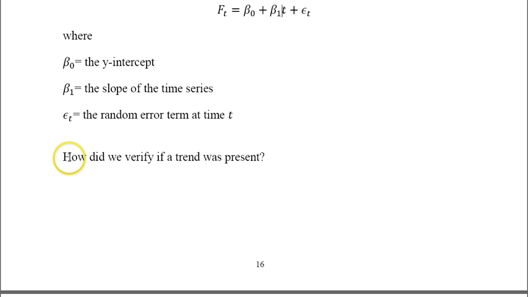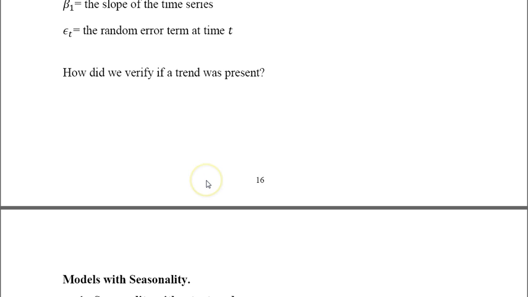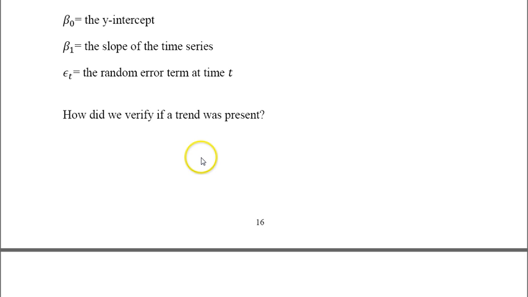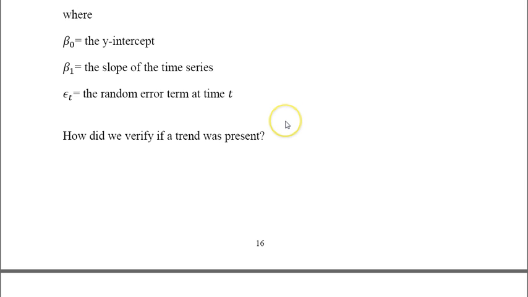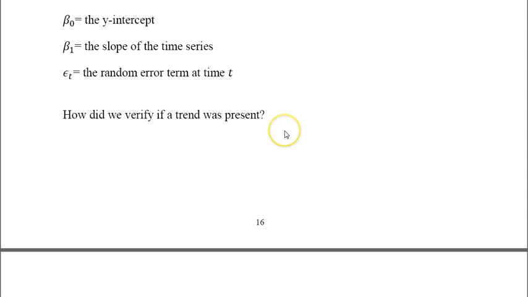Just go back and review to make sure you know how to verify if a trend is present. And we run this model. There are videos on how to run these models using Excel, so please review these.